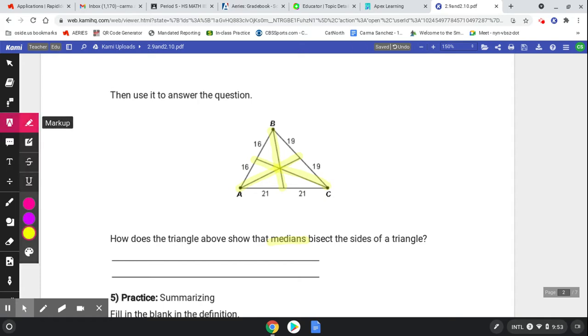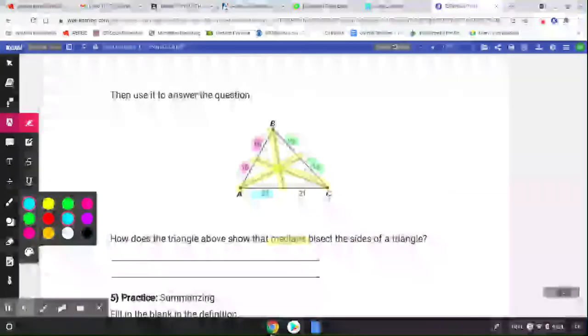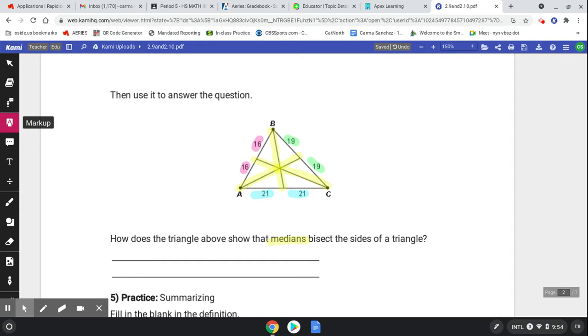Well, do you see these numbers over here? How this is a 16 and this is a 16, and how this is a 19 and this is a 19, and how this is a 21 and this is a 21? Well, that's how we know.